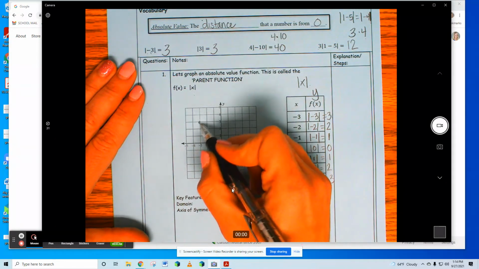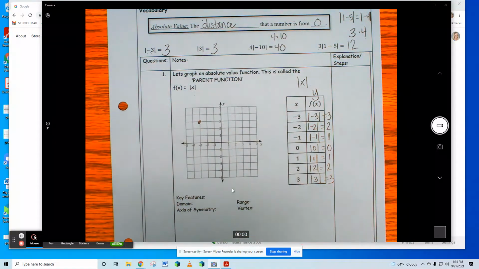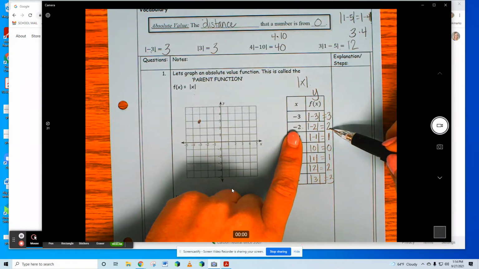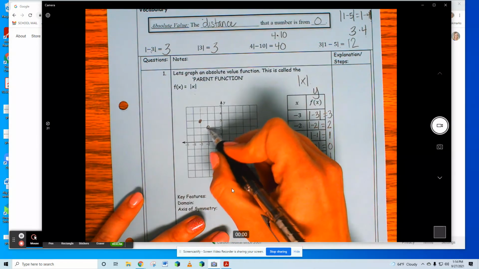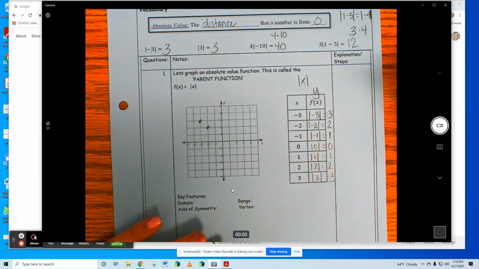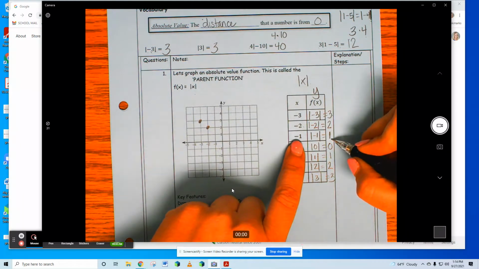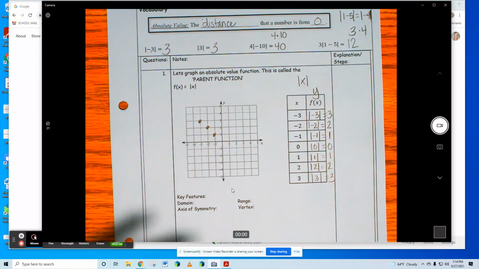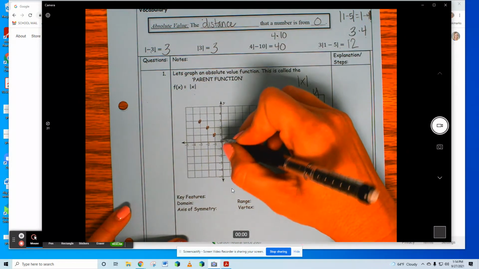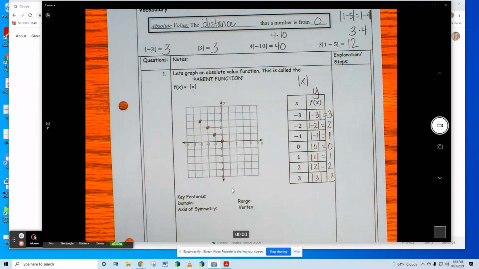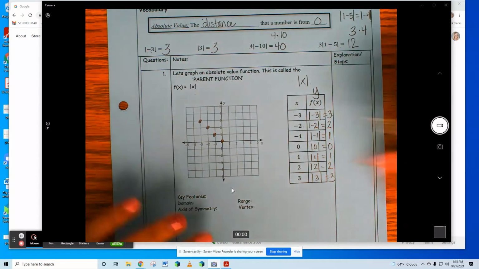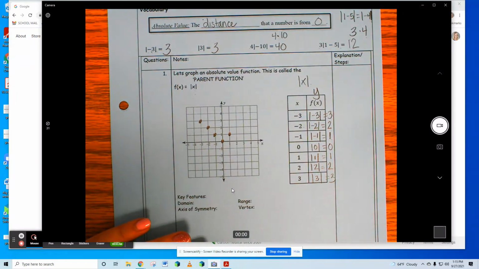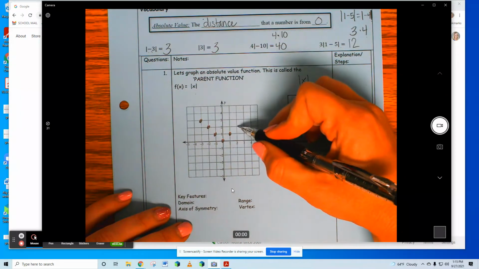Make a dot. -2, +2. 2 to the left, up 2. -1, +1. 1 to the left, 1 up. 0, 0. 1, 1. Over 1, up 1. 2, 2. Over 2, up 2. This V shape is perfect.